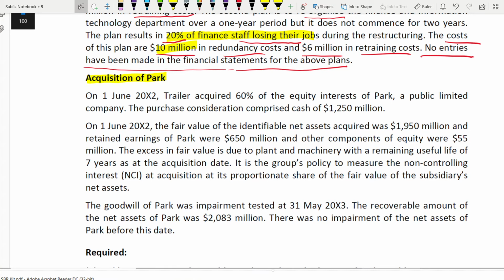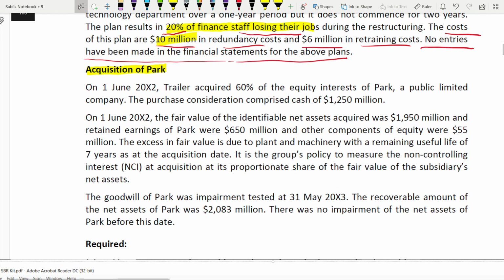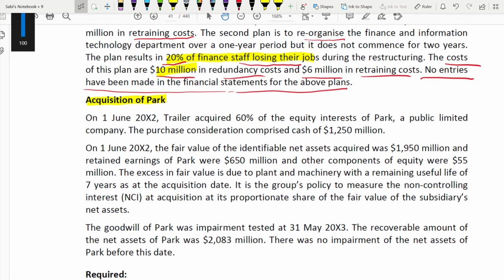Because the moment I do the first one and go to the second part, I forget the first part. When I go to the third part, I forget what I did in the second part. It becomes easy for me. I'm releasing the information I've used and going to the next one. That means I'm with new information. So now I'm forgetting about my loan to charity, and I'm forgetting about restructuring. Now my focus is only on acquisition of Park.